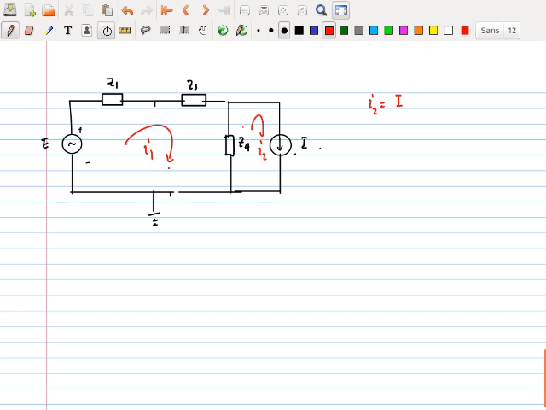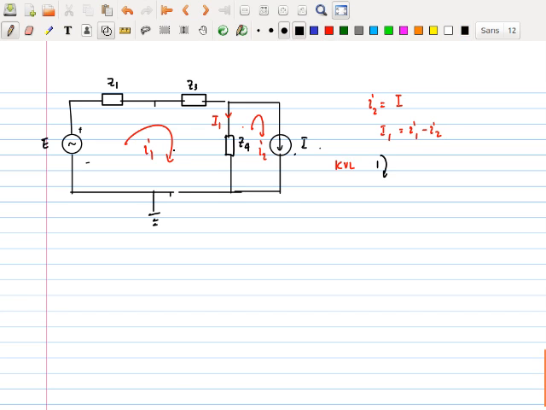I have to apply the Kirchhoff voltage law only to this single loop, and because there is an ambiguity between these two loops, I call it capital I1, and capital I1 is equal to small I1 take away small I2, and I write the Kirchhoff voltage law to loop 1 in the clockwise direction.